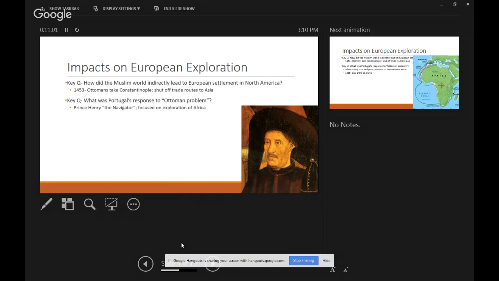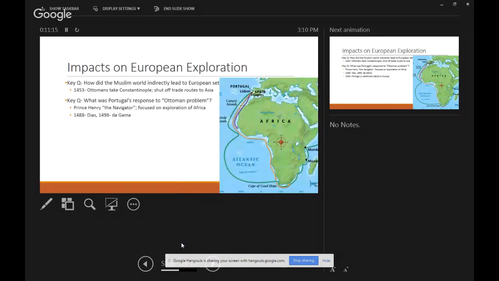And he's going to send out 3 groups of explorers to try and find a different direction by which Portuguese sailors can get to China and India. And since the way east is closed, they decide to go south.